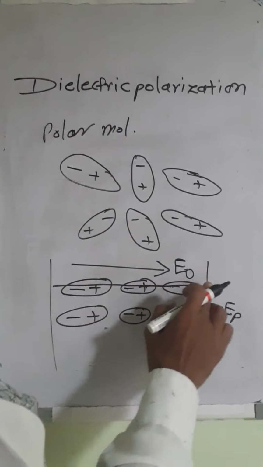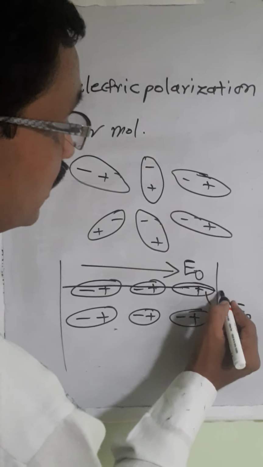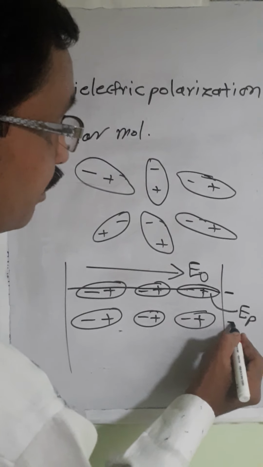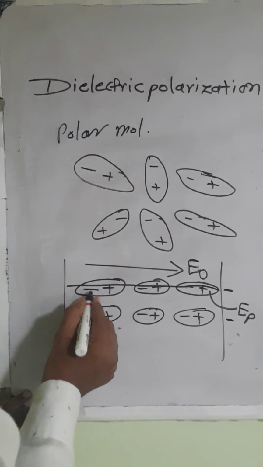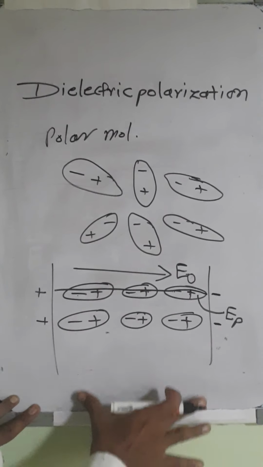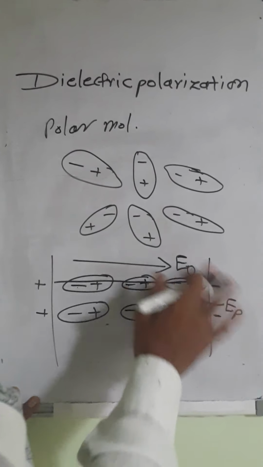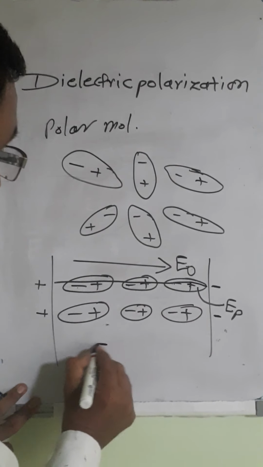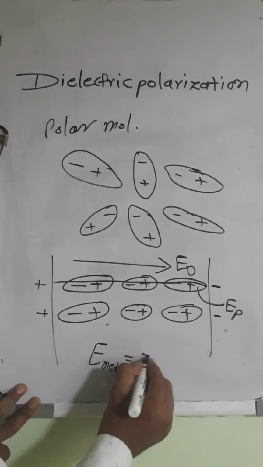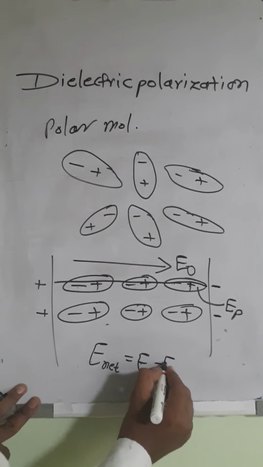Due to this polarized electric field, here is also the presence of negative, and similarly here the presence of negative, so there is a presence of positive. That means this is the plate of the capacitor, and the net electric field is E net equals E0 minus EP.